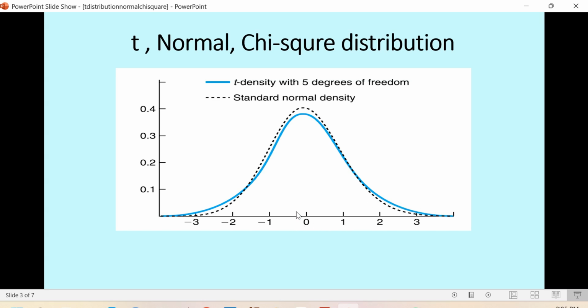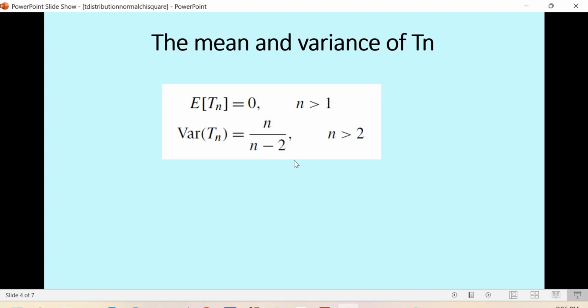But if the degrees of freedom for the t random variable is relatively large, for example over 30, then it's very close to the standard normal random variable. As for the mean and variance of the t random variable, we have seen from the previous figure that it is symmetrical, similar to the normal distribution, and its mean is 0.